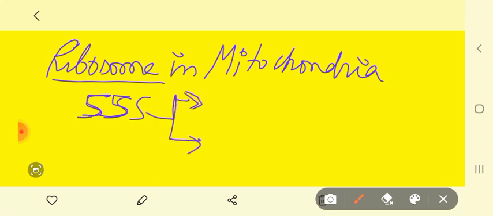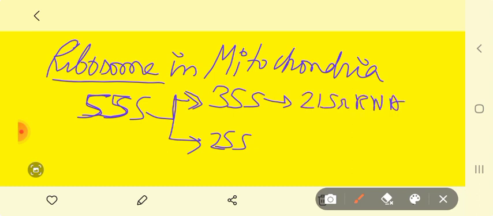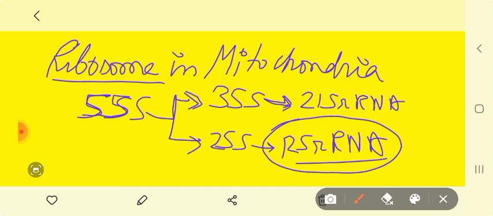The large ribosomal subunit is called 35S, while the small ribosomal subunit is called 25S. The large subunit has 21S rRNA as the major rRNA component, while the small subunit has 12S rRNA.